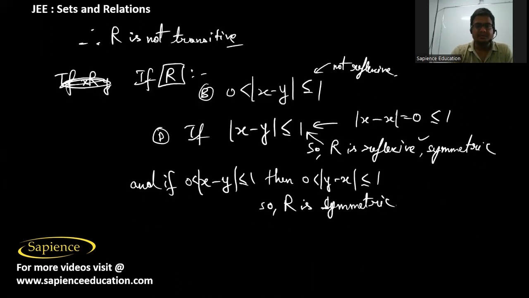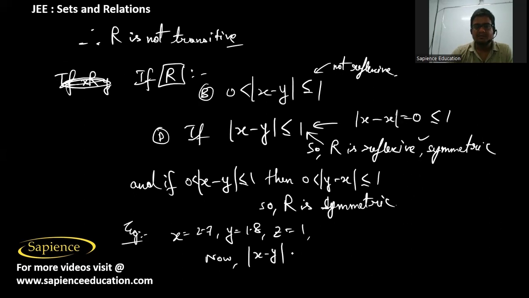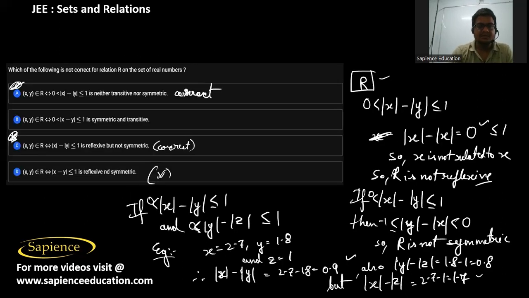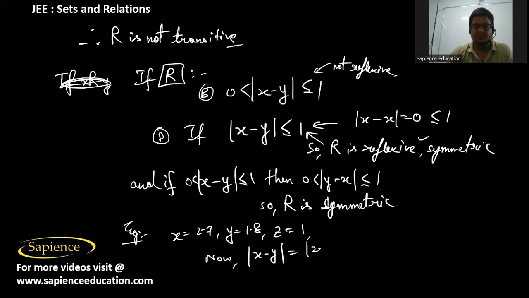This is symmetric, that is true, but it is not transitive. Since why? For example, suppose we take x equal to 2.7, y equal to 1.8, and z equal to 1. So now mod of x minus y is mod of 2.7 minus 1.8, which is 0.9, which is less than or equal to 1, and more than 0 also.